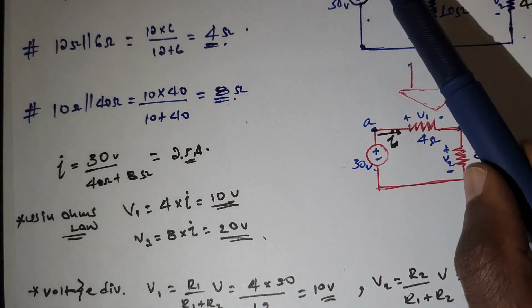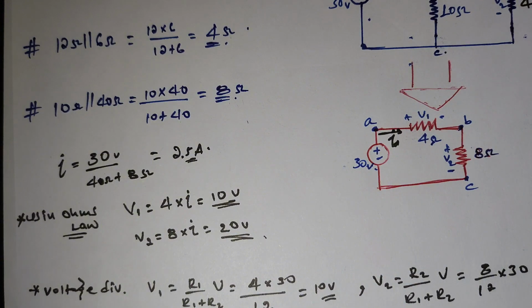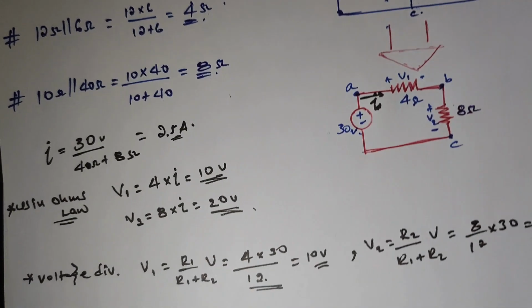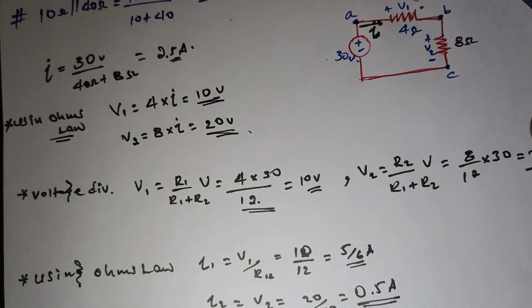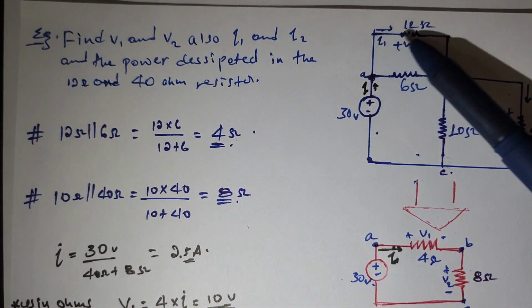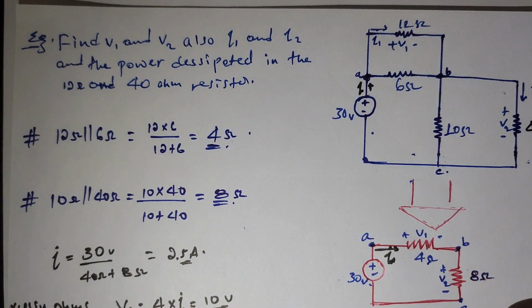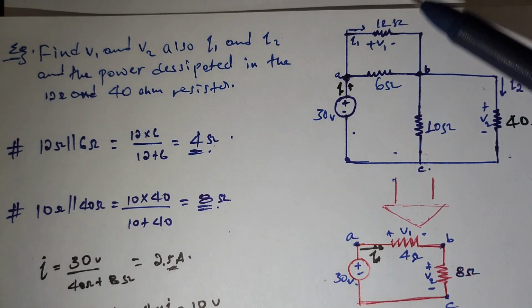But the current in these branches is calculated by using Ohm's law. After we find the voltage, we divide. In order to find I1, which means the current in this branch, we divide V1, because V1 is already calculated.